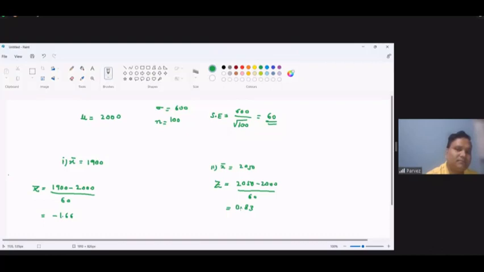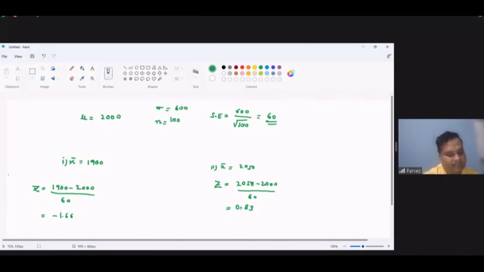Can we go as per the question? Example: the bank calculates that individual savings accounts are normally distributed with a mean of rupees 2,000. I said in the whole question, wherever the word average or mean is there, that is mu.